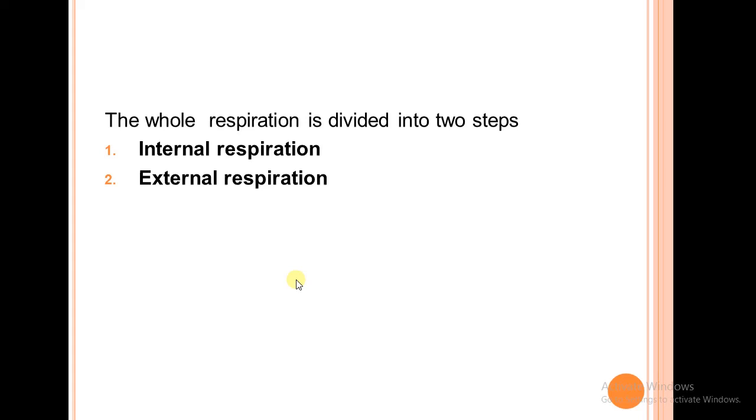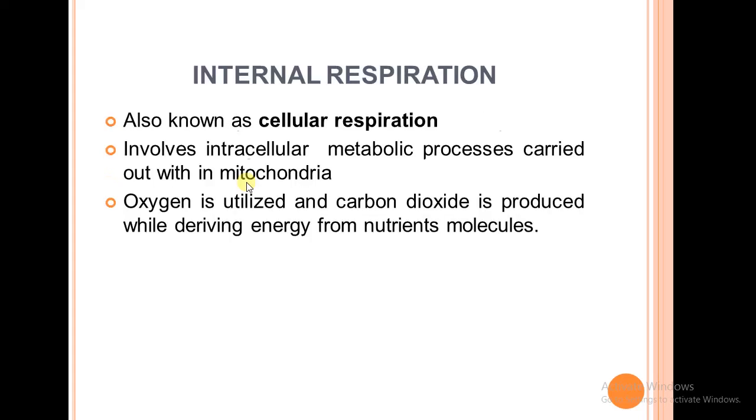The whole process of respiration can be divided into two steps, or we can say there are two types of respiration: internal respiration and external respiration. So now we are going to see what is the difference between the internal and external respiration. Internal respiration is also known as cellular respiration.